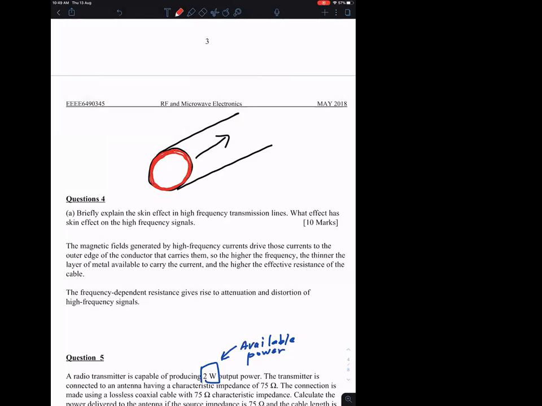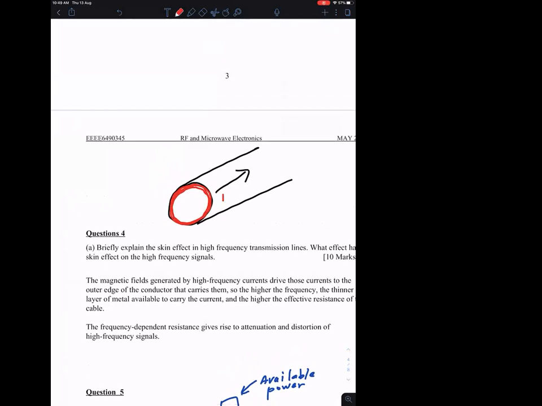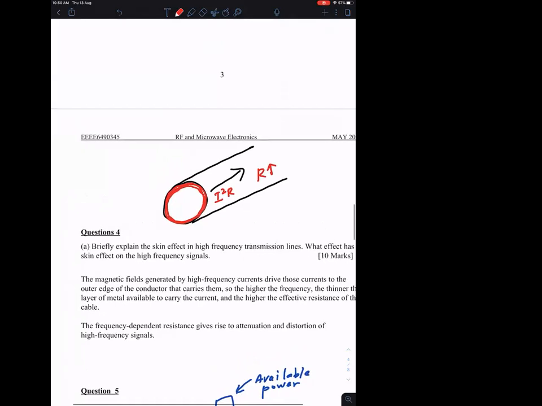So now the same current flows through a smaller area, therefore it is going to increase the I squared R, the resistance. The resistance will go up. Effective resistance to current flow goes up.